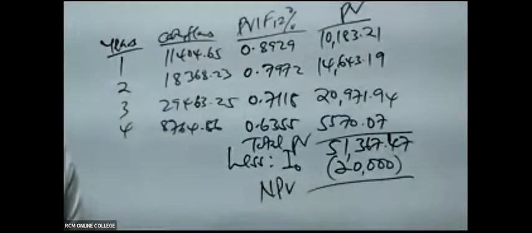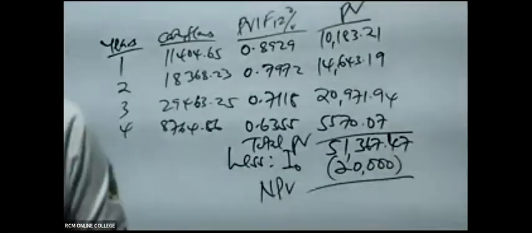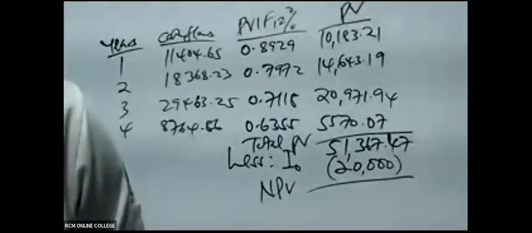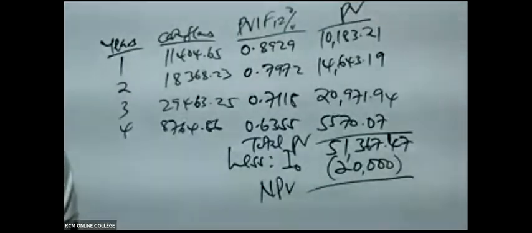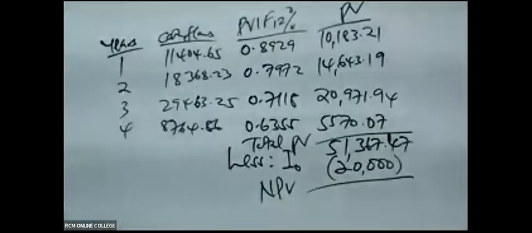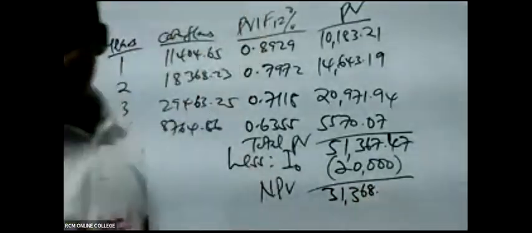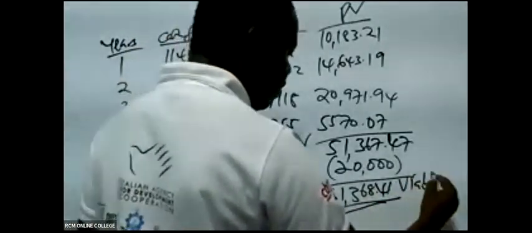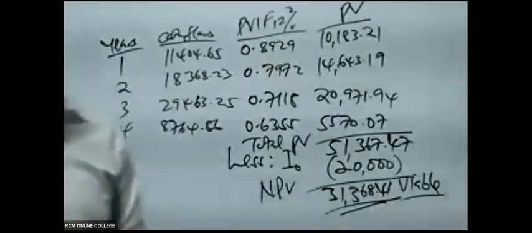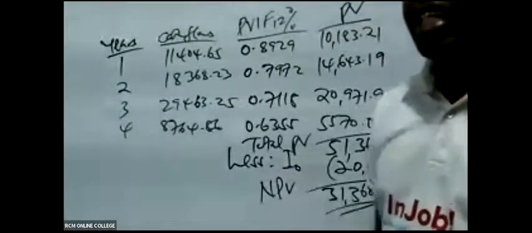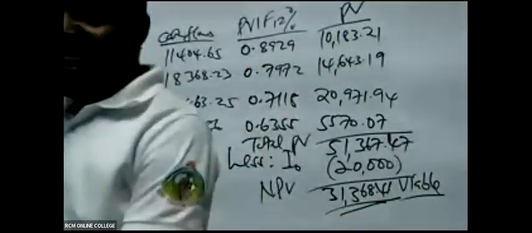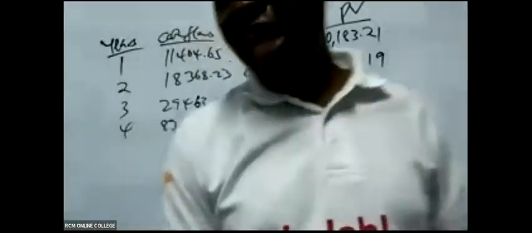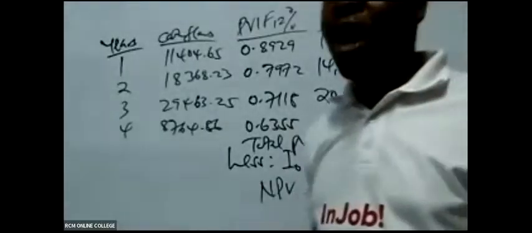What is our NPV? 31,368.41, viable. And that is what was expected from you.